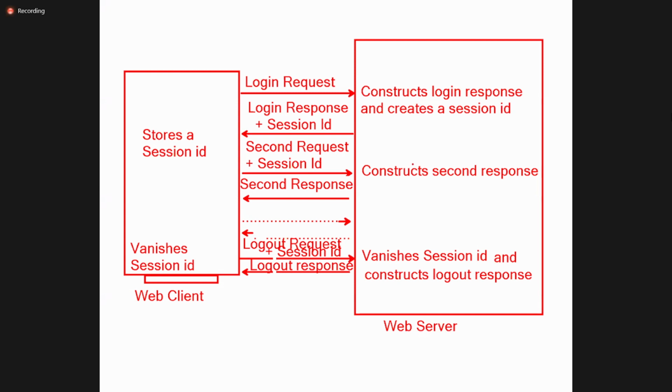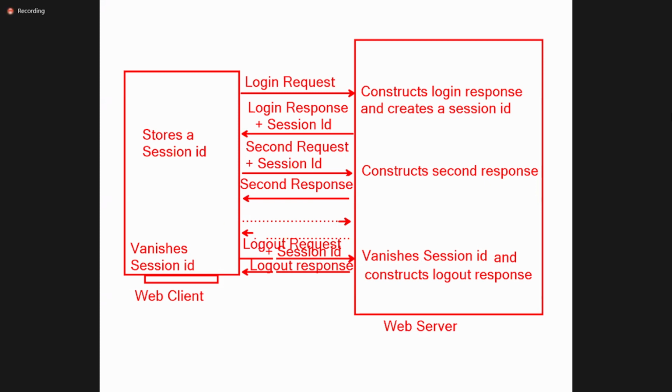With that ID, it will understand it is an old request and which user it is. It will construct the second response. Like this, the server sends responses to the client. Again, request plus ID, like this, n number of requests. At last, logout request plus ID comes. Session ID vanished. Logout response vanished.